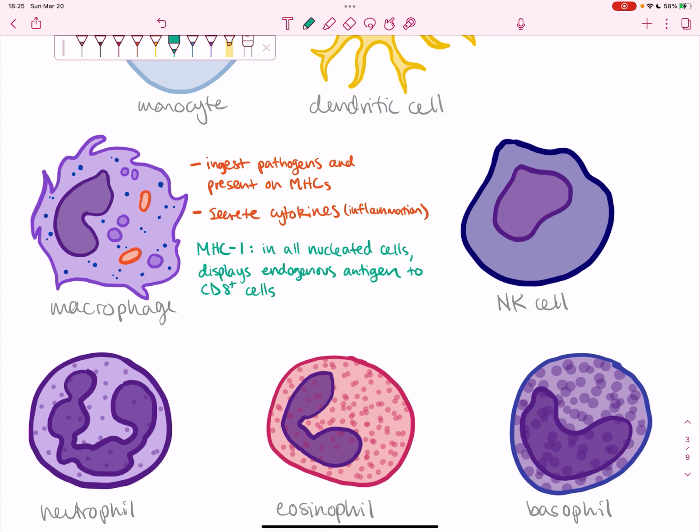CD8 plus is just another way to label cytotoxic T-cells. It can be shortened to CD8 plus cells. It means the same thing, so I'm just doing that. And MHC2.